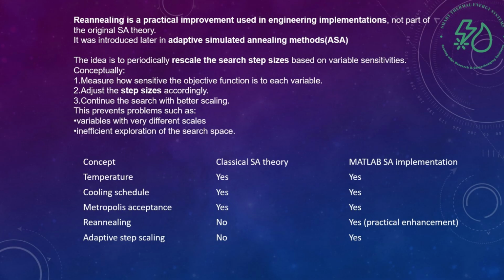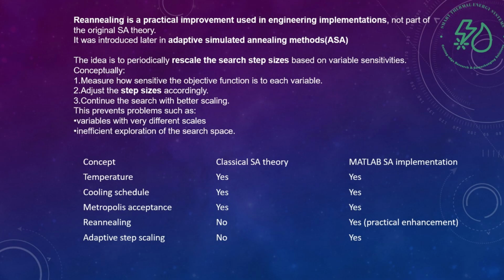And these things prevent problems such as variables with very different scales and inefficient exploration of the search space. So these are the things that are prevented when we use the adaptive one.